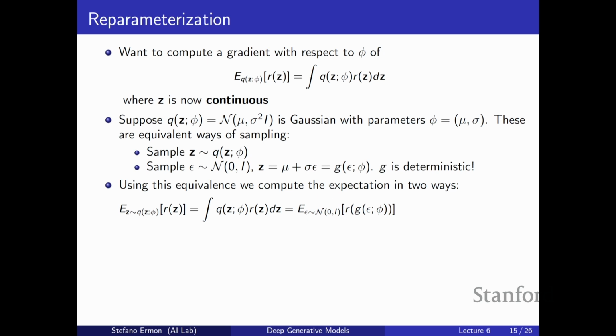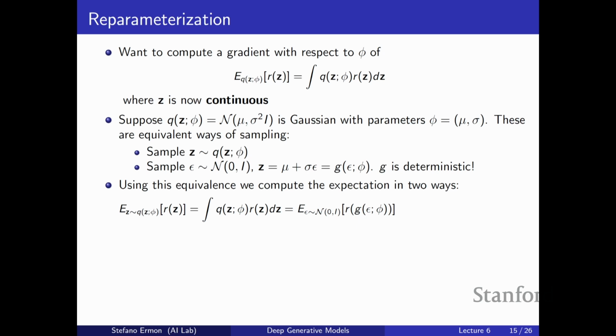Now it's an expectation with respect to epsilon, and so we can basically push the gradient inside, just like what we were doing before. Or in other words, basically we understand how changing the parameters affects the kind of samples that we get, because we're explicitly writing down the sampling procedure as a deterministic transformation of some simple fixed random variable.